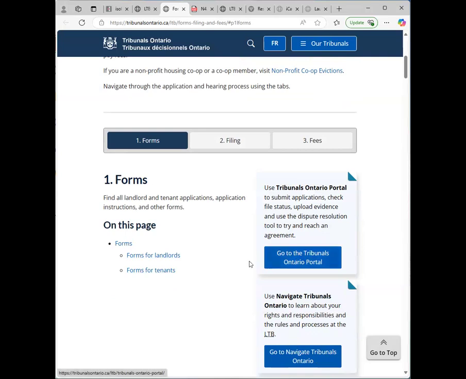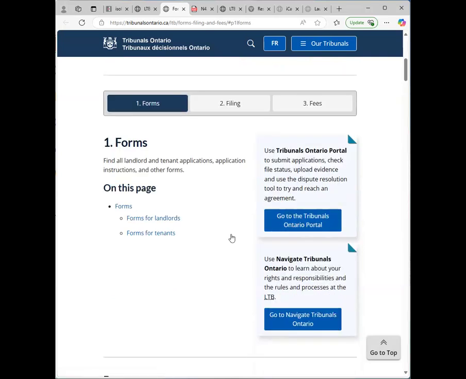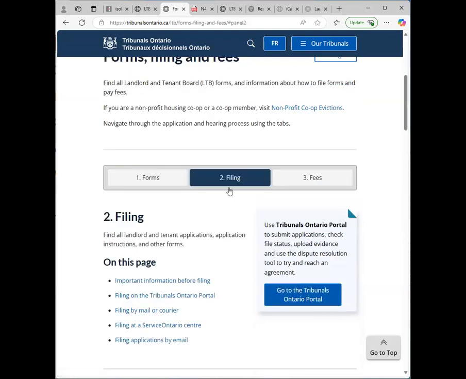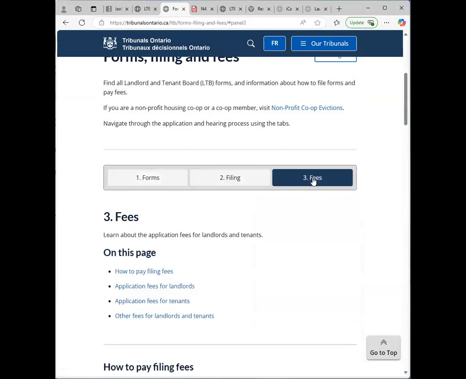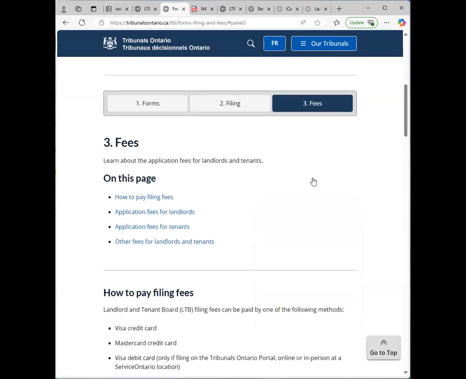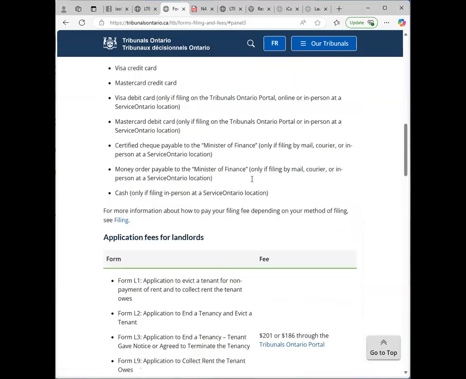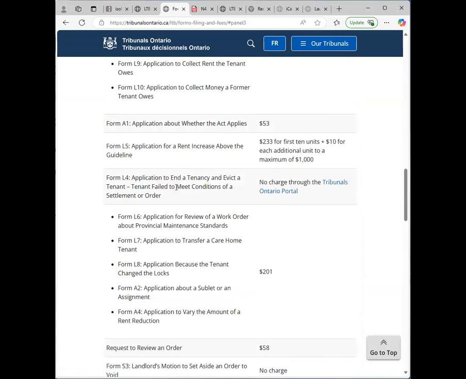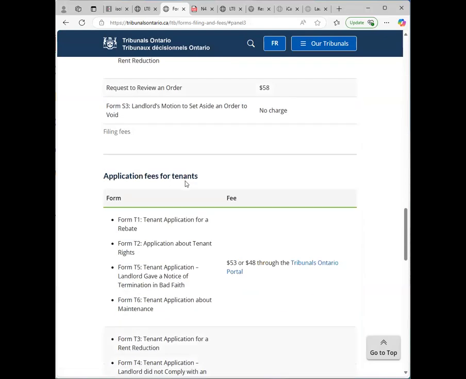Go to the online Tribunals Ontario portal. It will explain exactly how to do it. There's forms, and there's filing, which is exactly how to file these items. So the forms are the first part, then filing, and then the fees: if there are filing fees, how to pay them, what form you can pay them in, how to do it, filing for eviction.